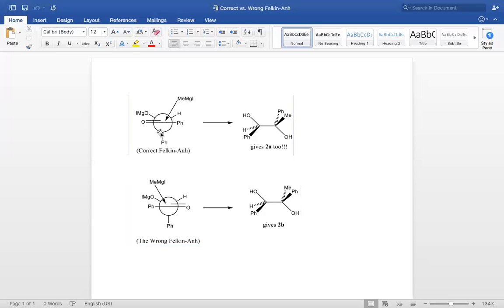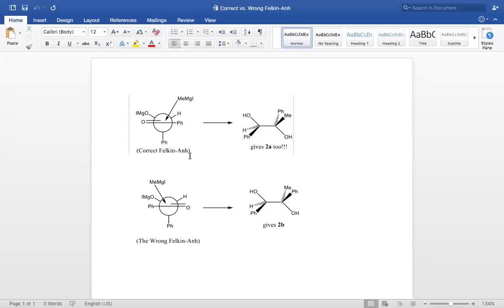So there are only 2 scenarios for your level to pick one. Of course, you will pick the one on the top, which is the product in 2A, right? So do you understand now with Felkin-Anh, don't forget, bulky group from the chiral center carbon will be placed 90 degrees vertical to the carbonyl group.